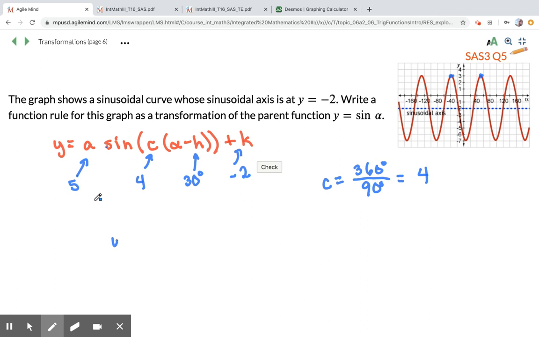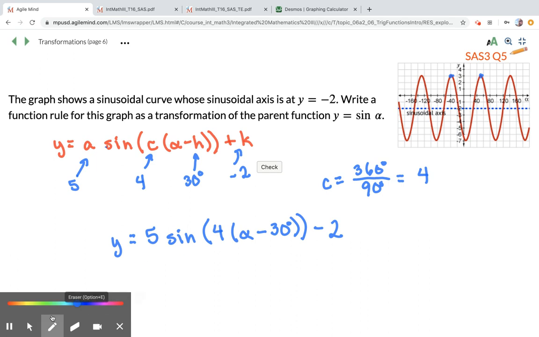So fine, I have y equals 5 times the sine of 4 times alpha, since we're using alpha instead of x, minus 30 degrees, and then a minus 2 on the end. Shall we check to see how we did? I'm going to have to erase this though.